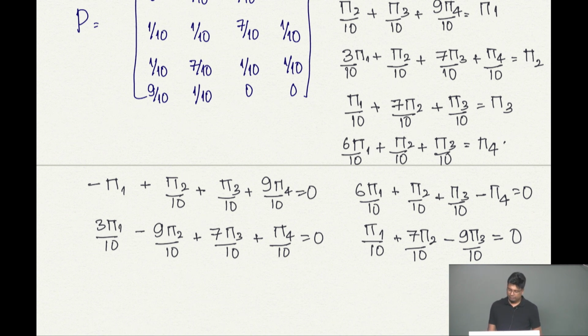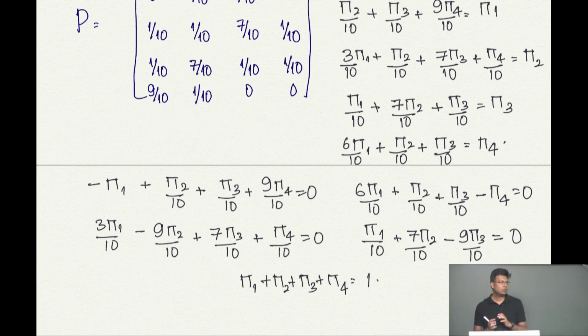So now I have 4 equations. So I also have this pi 1 plus pi 2 plus pi 3 plus pi 4 is 1, right? Now all it needs me to do is simplify these equations, right? You can solve it. It's not very difficult.